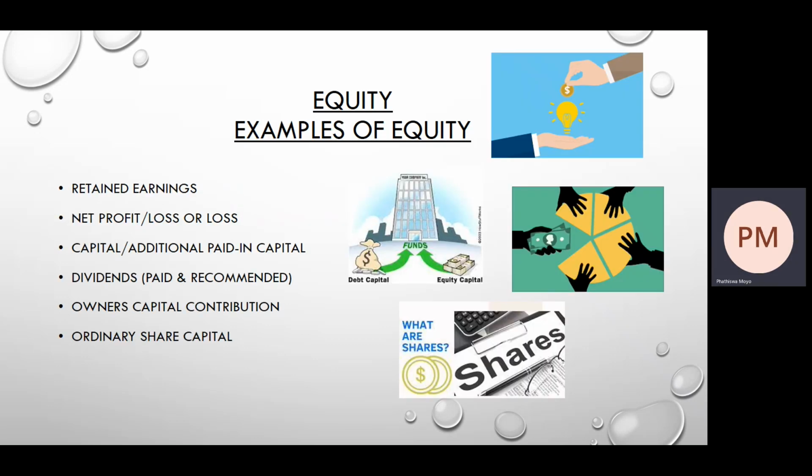So what are the examples of owner's equity? It's retained earnings. So this is the long list of accumulated losses and surpluses ever since the company existed to the current year. So if the company was opened 30 years ago, those are profits and losses coming from way back. Now, somebody would ask themselves, then why are we not using the money?